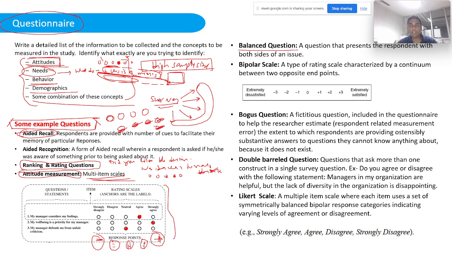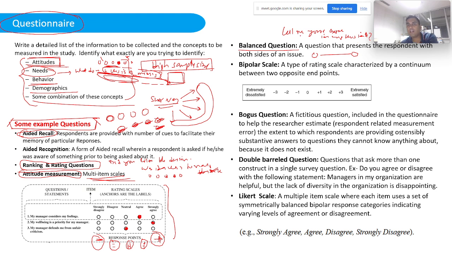Similarly, there are balanced questions where you ask a question that does not have any polarity. That means the user can give an answer from both sides. So you can ask a question like, tell me your experience in using this interface.